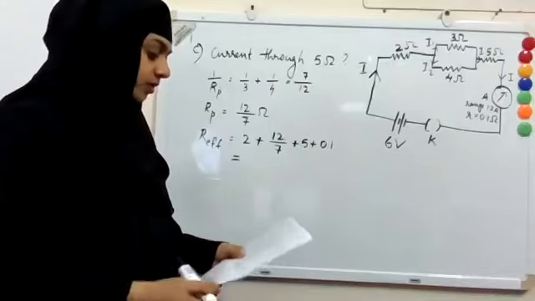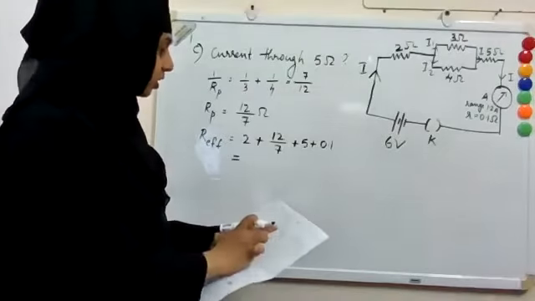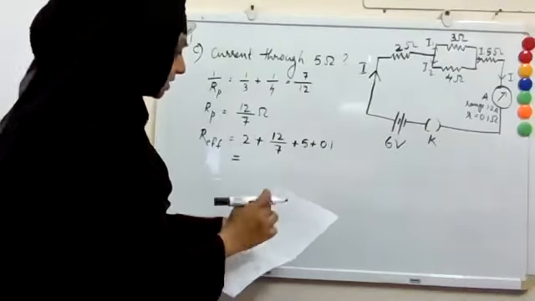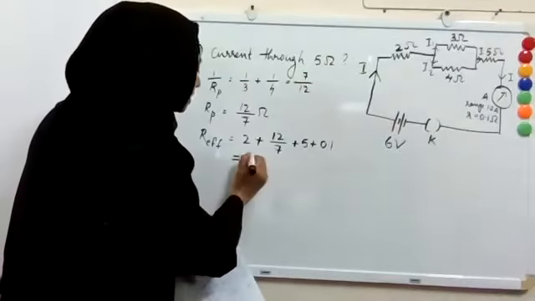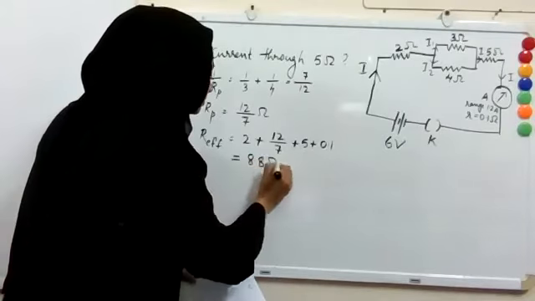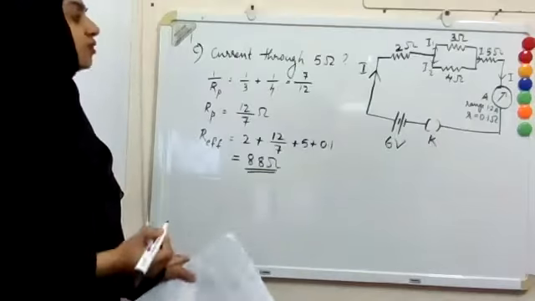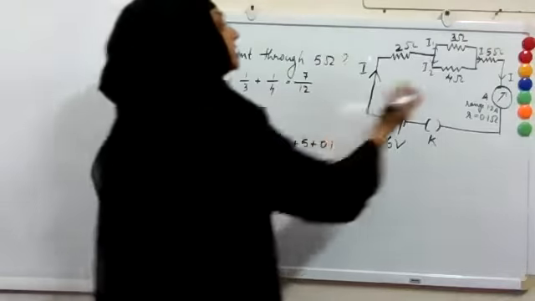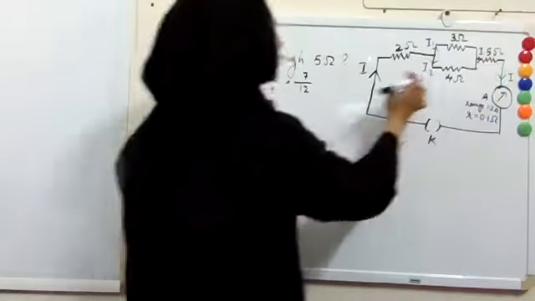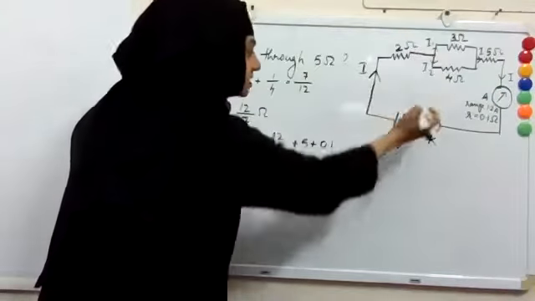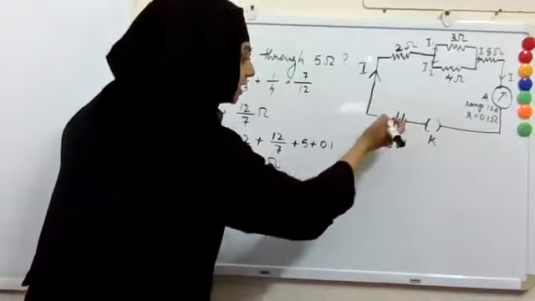Yes, teacher. Okay, so when I add all of them, you can use the calculator. You will get a result equal to 8.8 ohm as the effective resistance. Now we have to find the current through 5 ohm, which is the main current. So we have the effective resistance and the voltage.